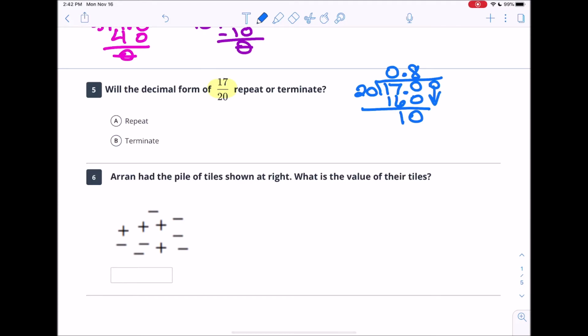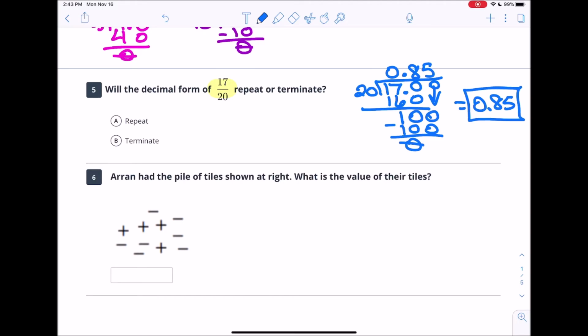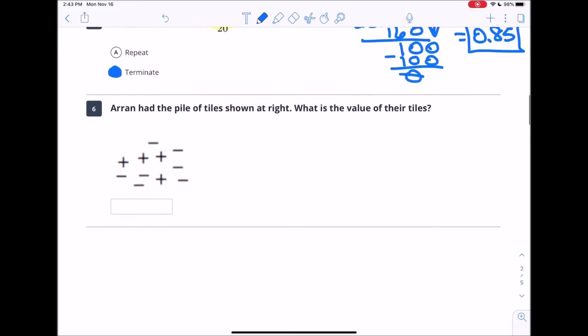I drop down another 0. 20 goes into 100 5 times, and we get 100. So we subtract the 100 from 100, we get a 0 remainder. So this becomes 0.85, and it stops at the 5. Nothing repeats. So that means this is a terminating decimal.